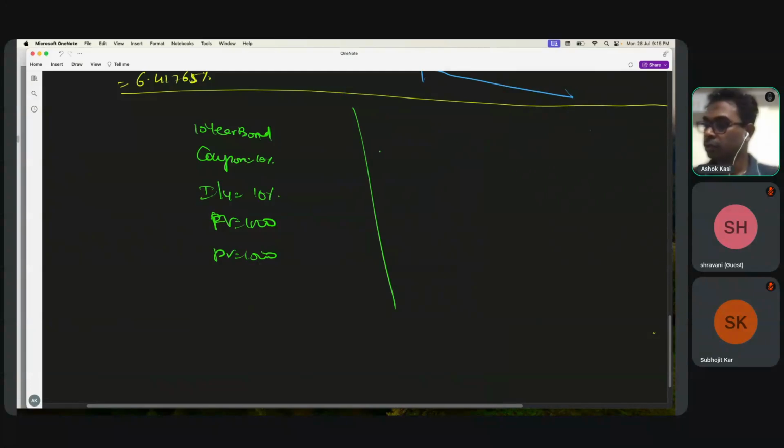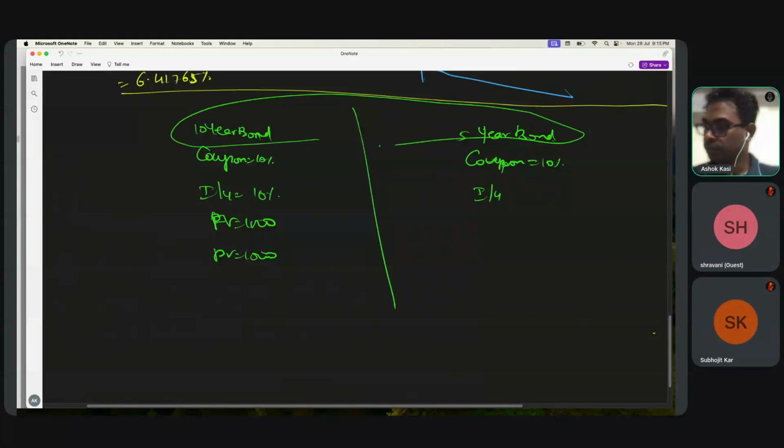Okay, so this is the 10-year. Let me take here a 5-year bond. Coupon, rest all are the same. So the coupon is equal to 10 percent. So only this is the difference. EAY is also 10 percent. This is the future value.